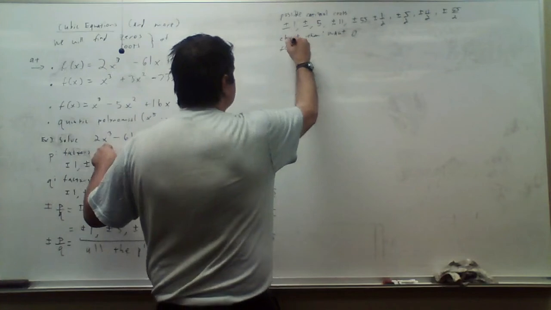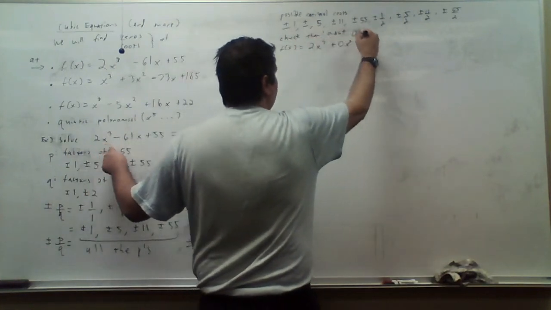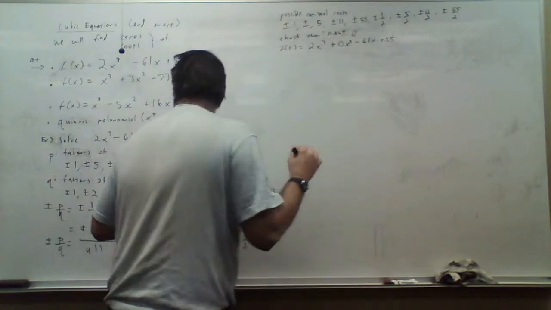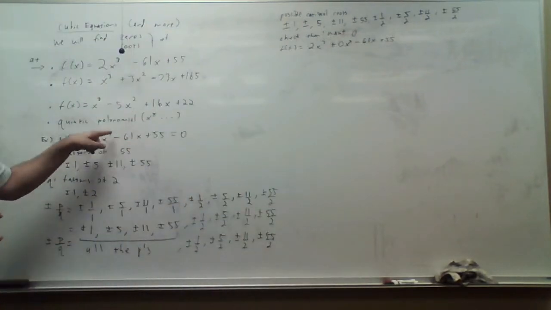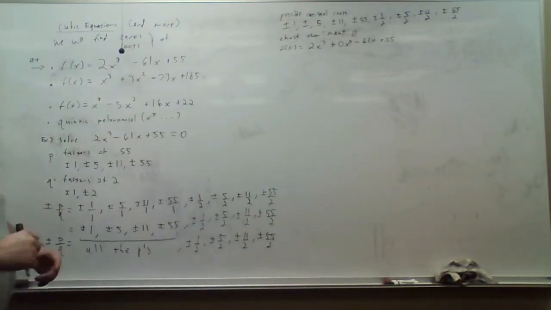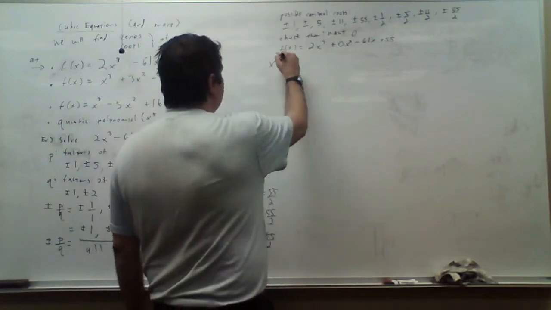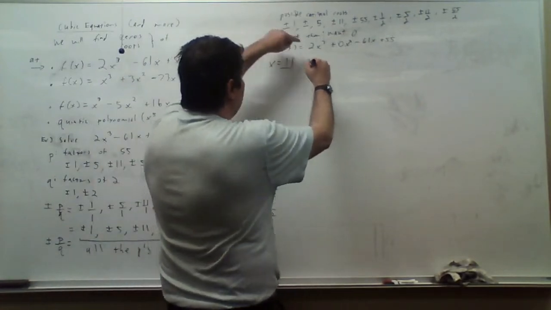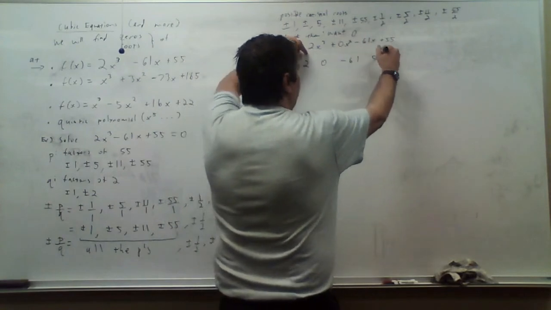Okay? So, if f of x is 2x cubed plus 0x squared minus 61x plus 55, notice I put a 0 in for the x squared to account for the x cubed and x. So I will try x equals positive 1 first. 2, 0, negative 61, 55.